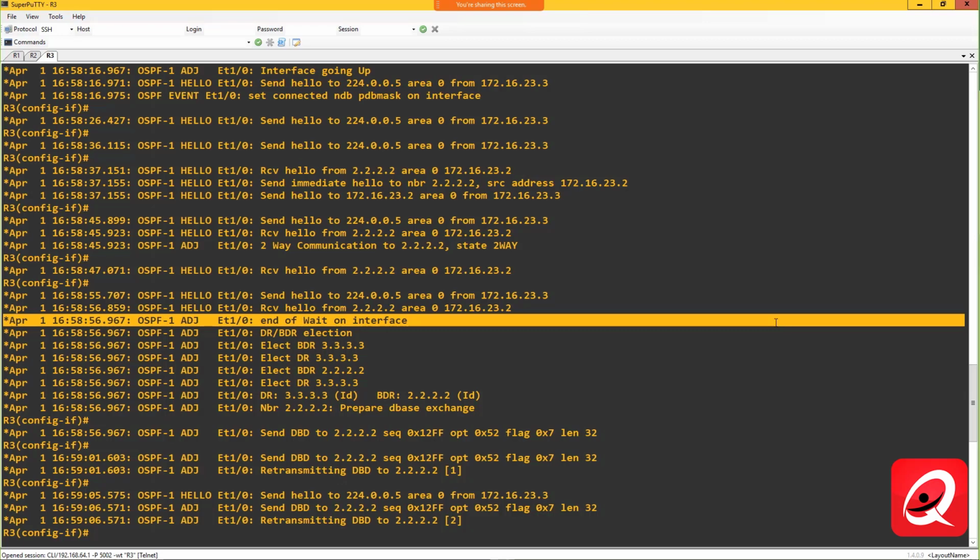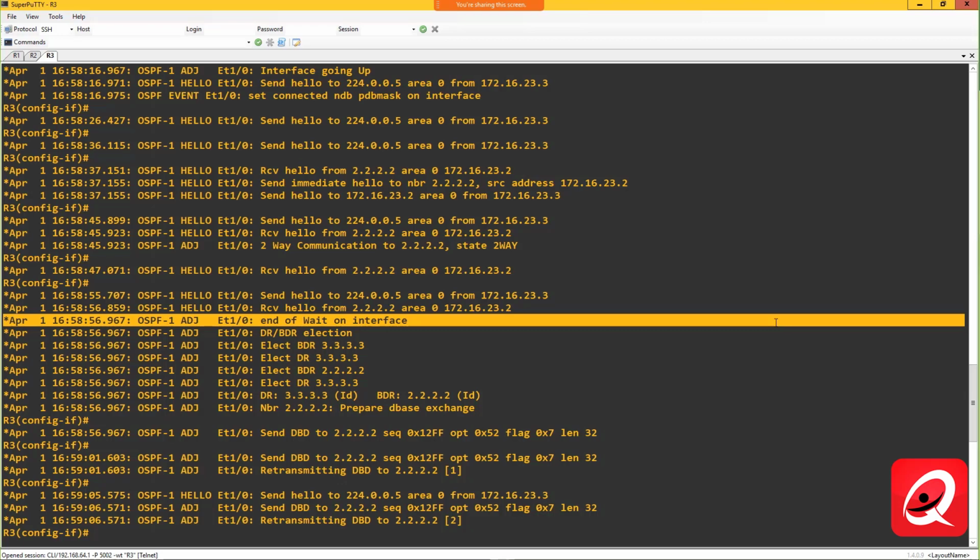I don't automatically just assume that router 2, in this case, was the only peer that I could establish an adjacency with. And I'm trying to decide, as I come up and start to operate in the topology, what role I'm going to play in this multi-access network. And this is where the DR/BDR election takes place.